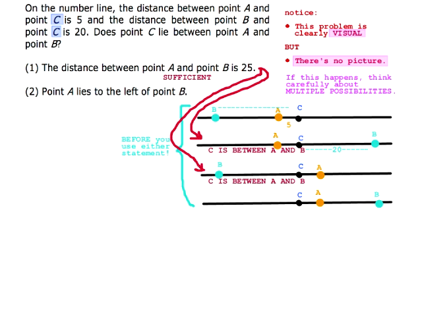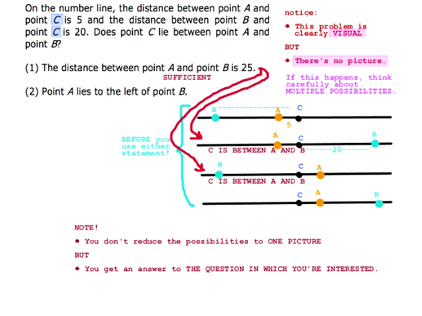And this is another thing about data sufficiency that you should take note of. You don't reduce the possibilities to one picture, but you get an answer to the question in which you're actually interested. This is a hallmark of data sufficiency. We've also done entire study halls that deal with this, but partial information is a thing.